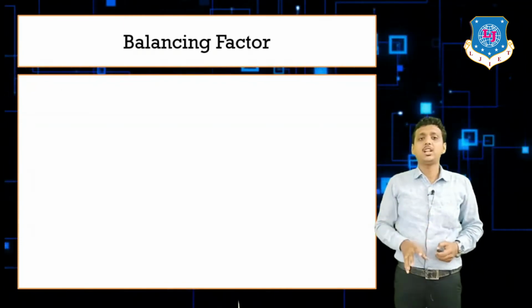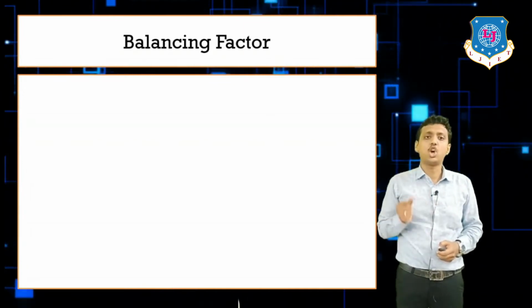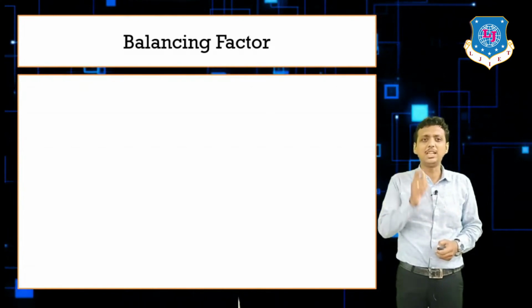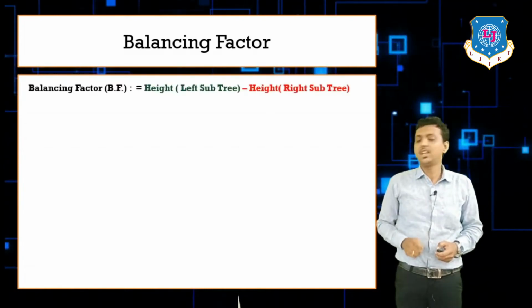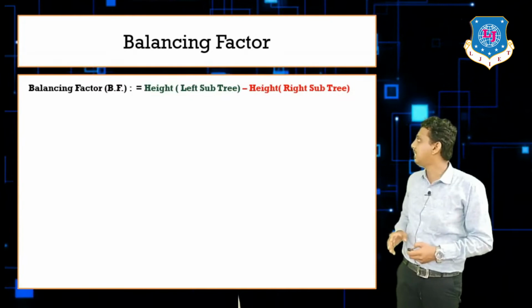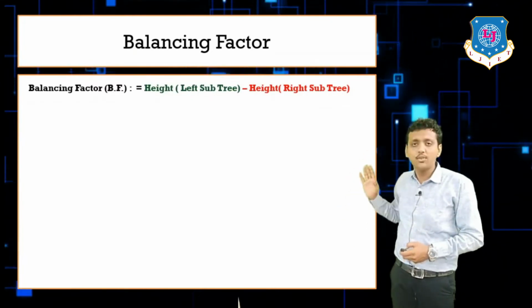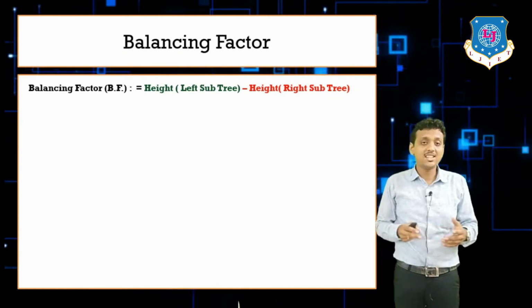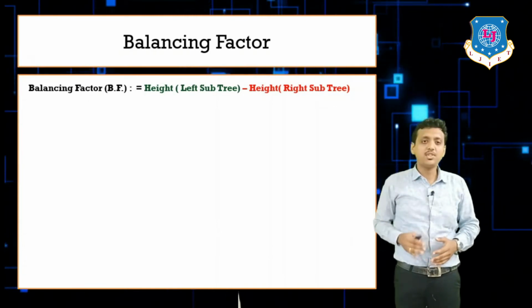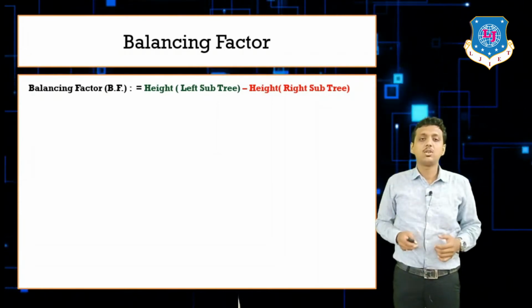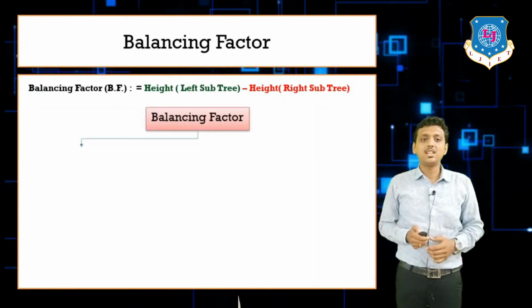If your tree contains 7 nodes, then first your job is to find out the balancing factor for each and every node, and it is very easy to find. The formula for the balancing factor is the height of the LST minus the height of the RST, that is, the height of the left subtree minus the height of the right subtree.